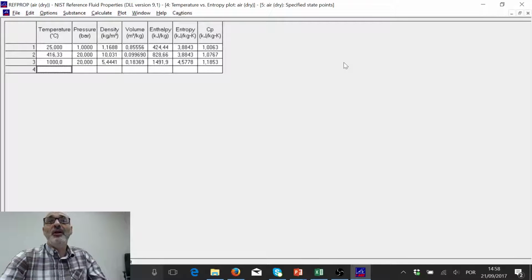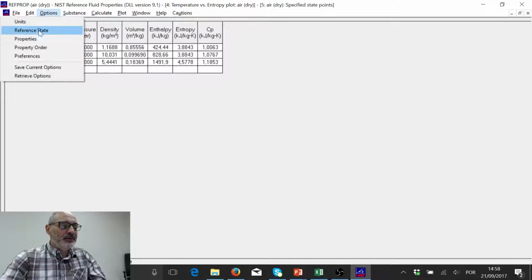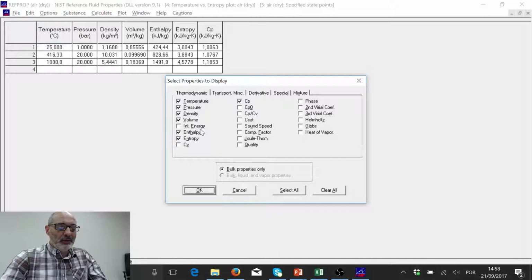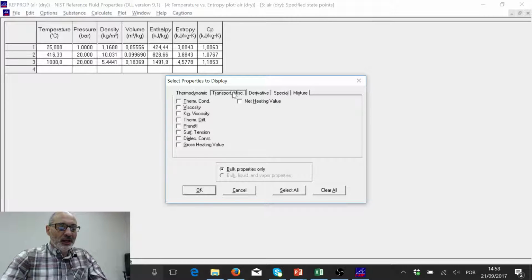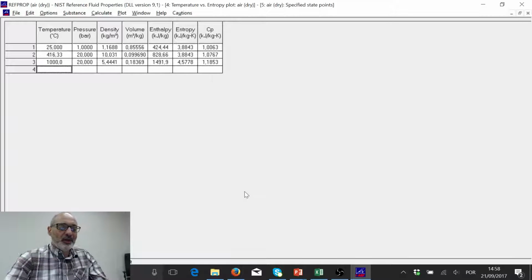And I'm not showing everything right now. You can go back here, for instance, to properties, and you can ask for the internal energy, the viscosity, and many types of thermodynamic properties.